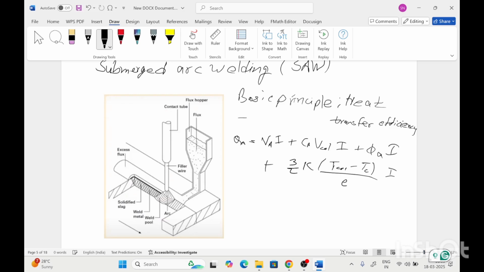Here the Ca term represents the heat transferred from the column to the anode. The anode is the workpiece in this case.